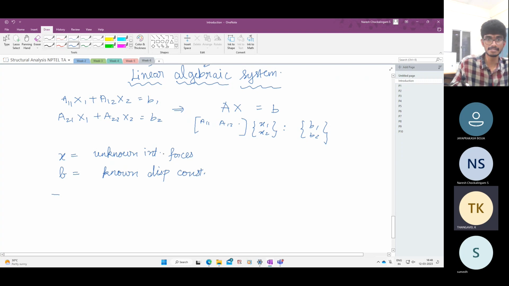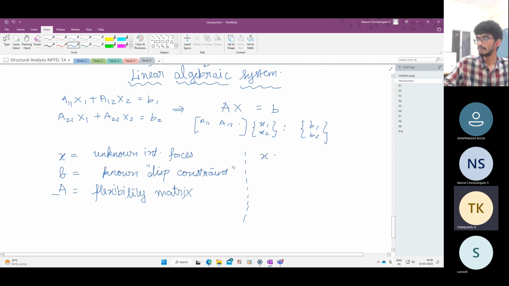As we saw in the arch example, the constraint there is that the particular support is fixed; the displacement of the support is fixed. So known displacement constraints are captured by the vector b, which is a known vector. And A is a special matrix called the flexibility matrix, or matrix of flexibility coefficients. This is the force method.